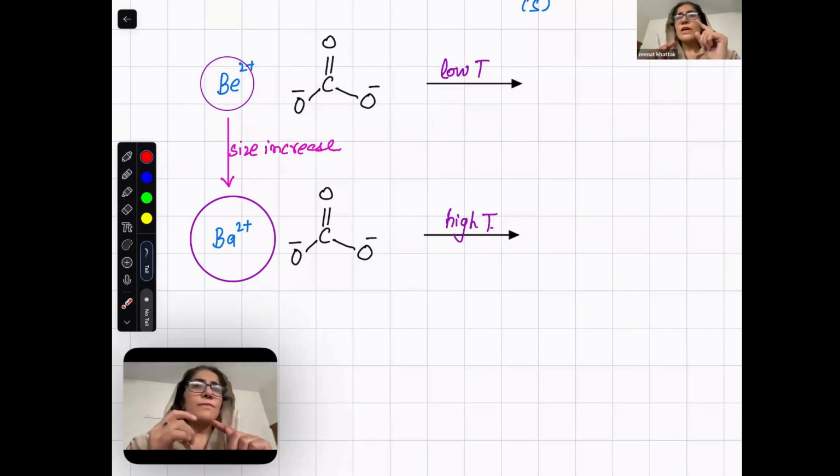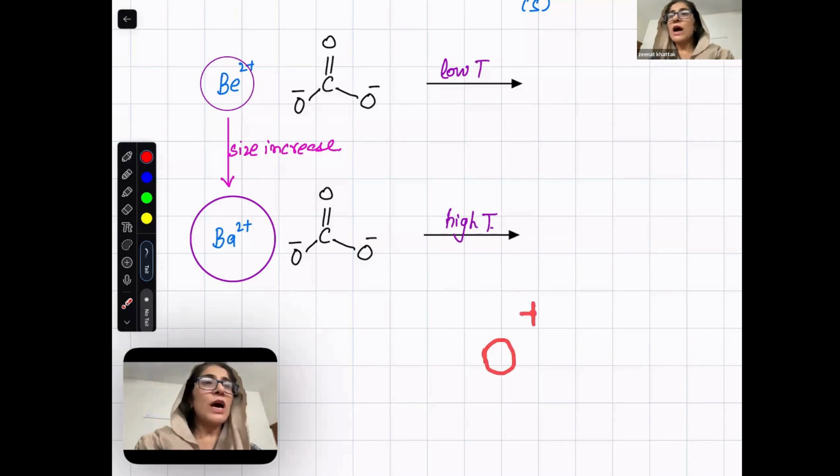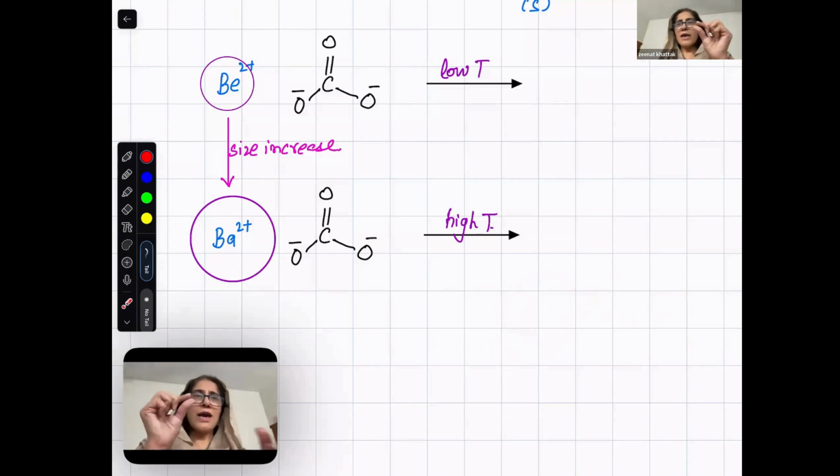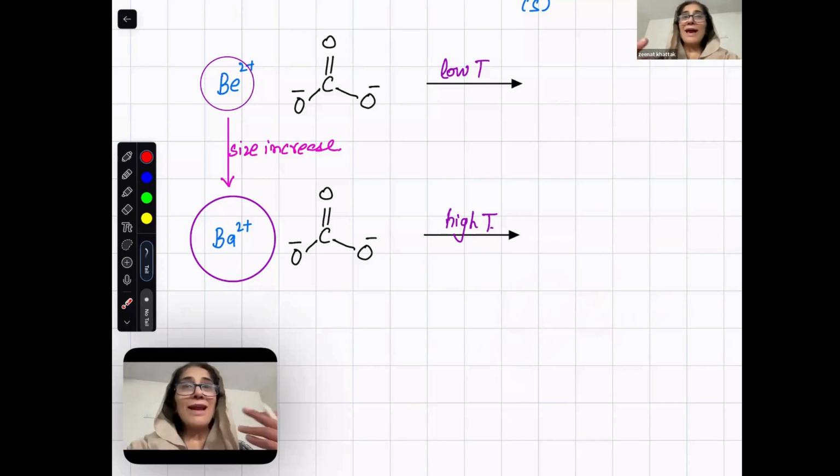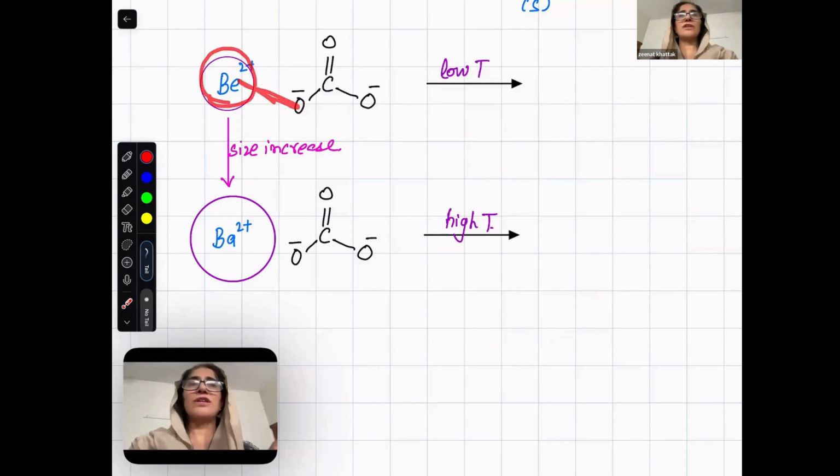The ions which are small with high charge, positive or negative, whatever. Ions with small size and high charge attract or repel more. Here, what is happening? They are attracting.